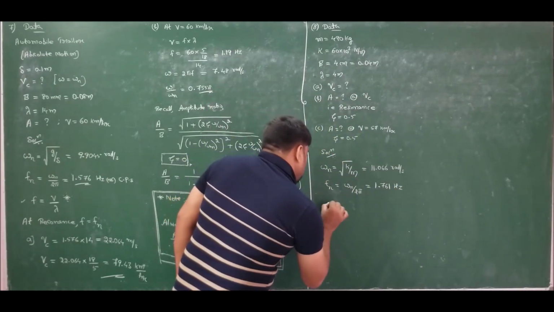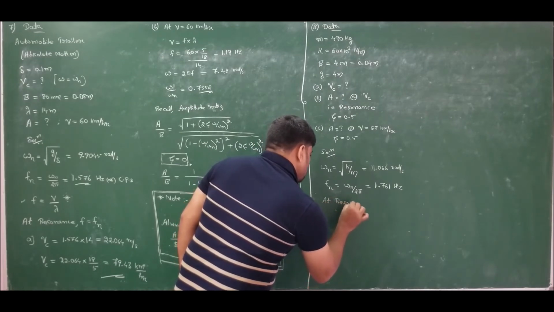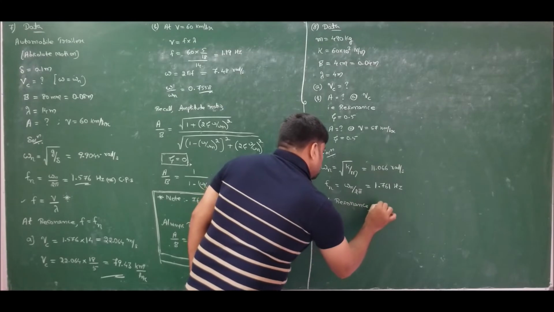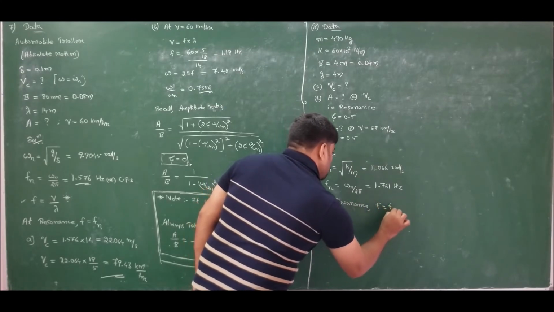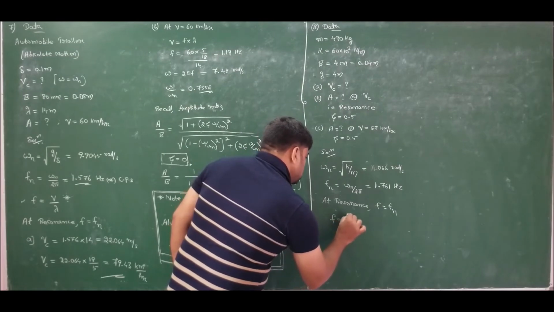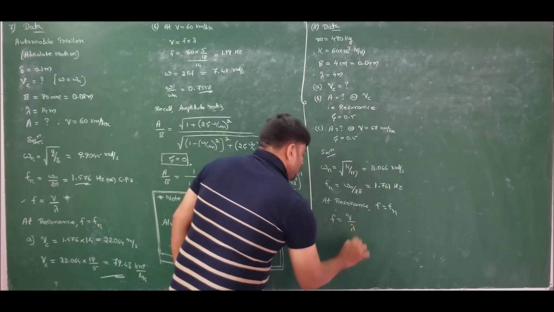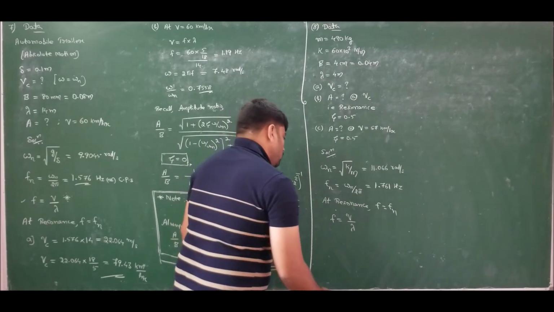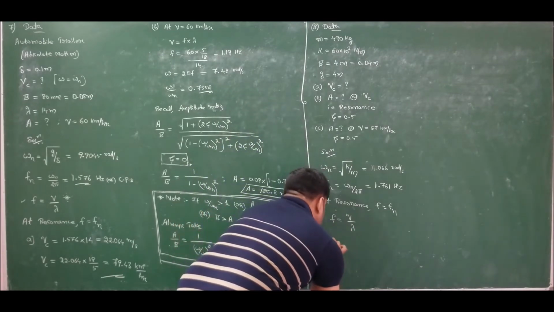Now at resonance, F must be equal to Fn, right? We know that cycles per second is equal to velocity by wavelength. So therefore I can find the value of Vc.